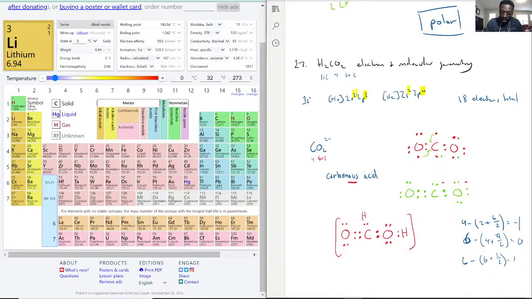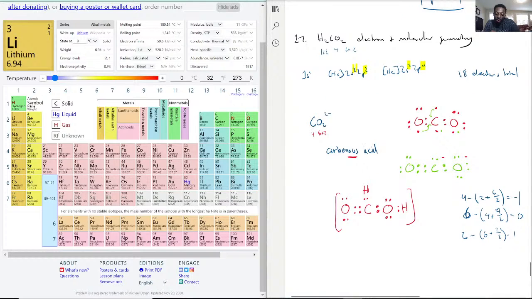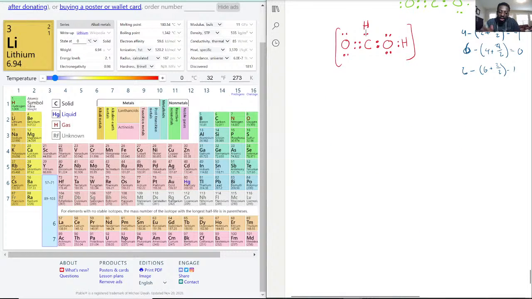This is what we'd have. Those are where the H's would go. Surprisingly not on each end. So carbonous acid technically could only get rid of 1 proton, which is the one attached to the oxygen. We'll discuss more of that later. The electron and molecular geometry for this will look kind of like this.